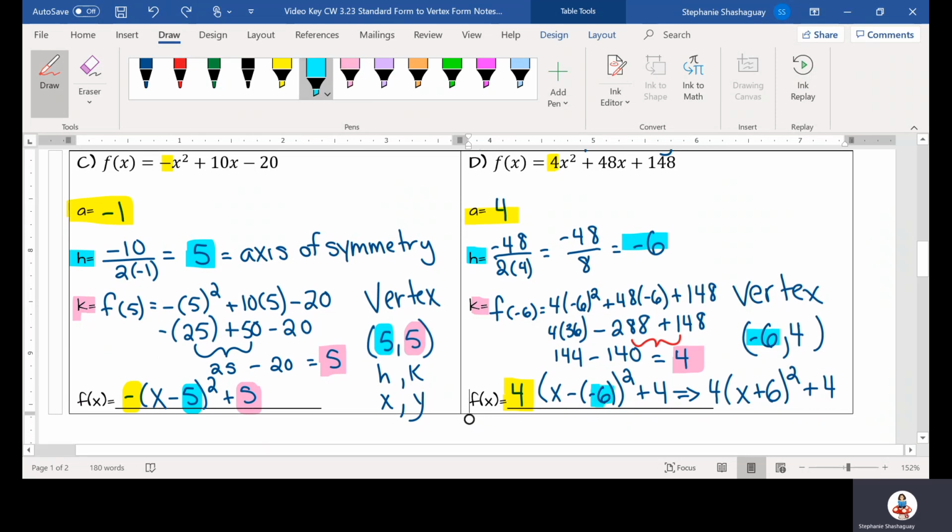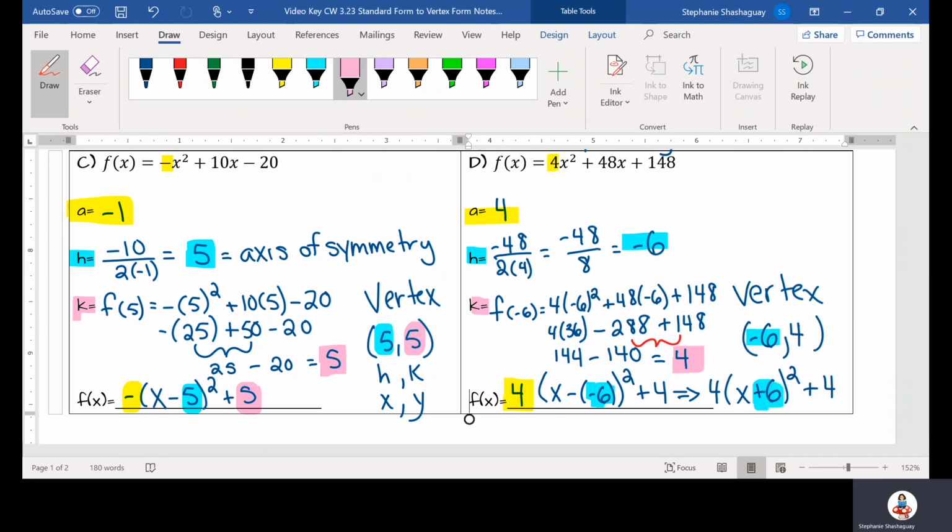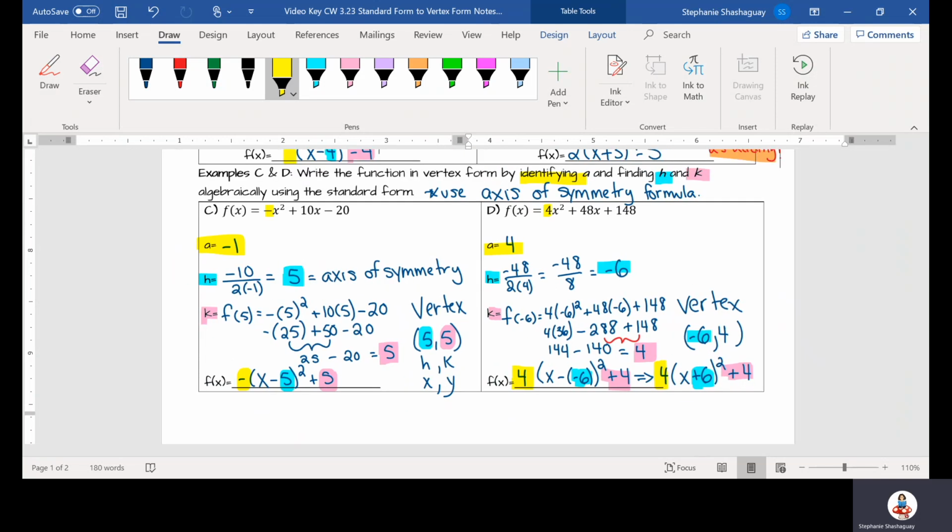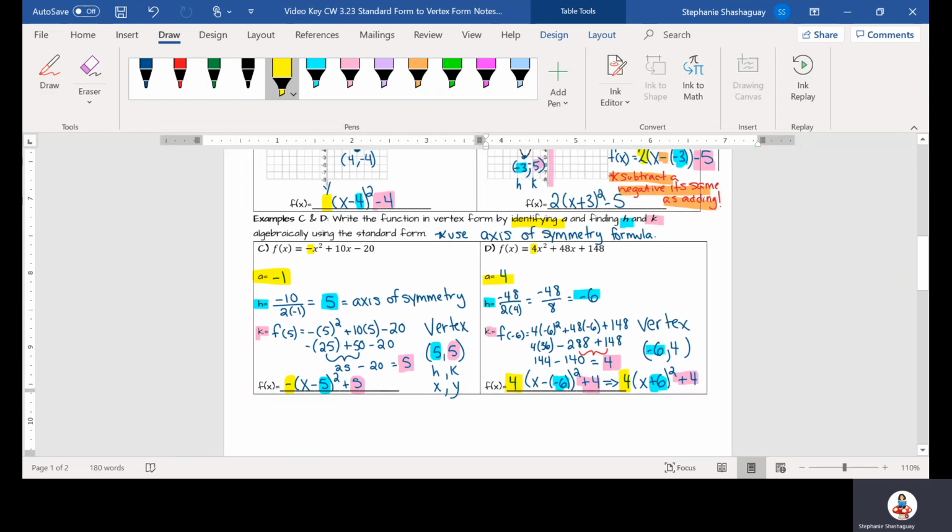Again, with that negative 6, if I have a negative x value, it's going to become a positive 6 when I finish simplifying it. We have our plus 4, which is our k, and our a didn't change at all. All right, so that's how you go from standard form to vertex form.